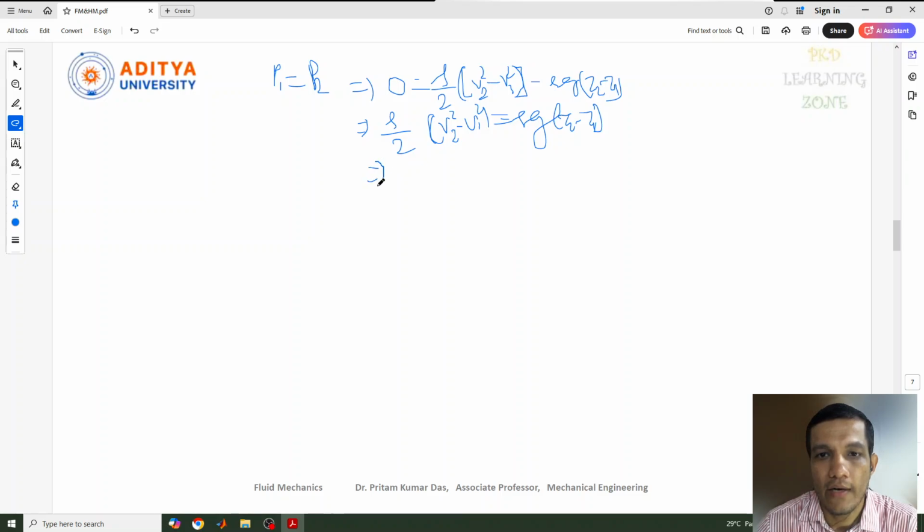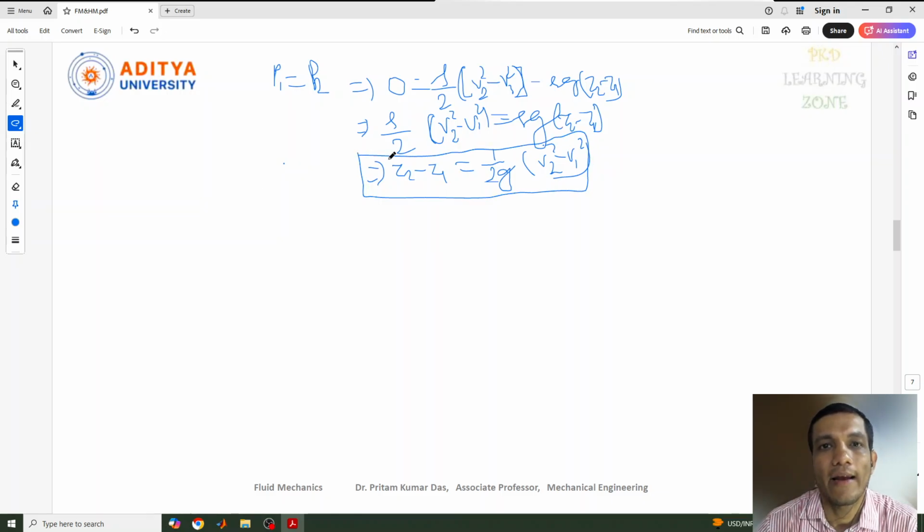So rho cancels, and we can write Z2 minus Z1 equals 1 by 2g times (V2 square minus V1 square). This is the equation we get if point 1 and point 2 both lie on the surface of the liquid.